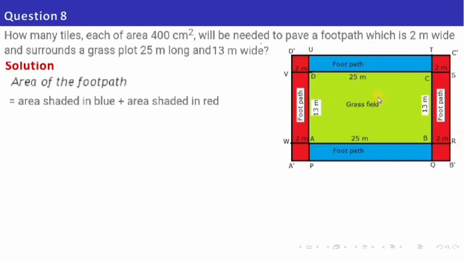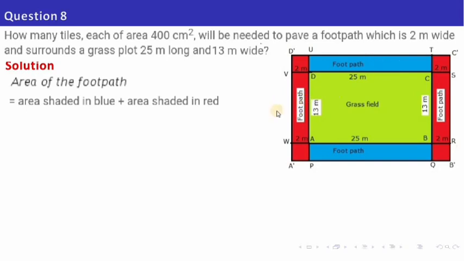If you see here carefully, this blue part is also a rectangle and this red part is also a rectangle. Now if you want to find the area of this blue rectangle, we need length and breadth. Length is 25 meter and this breadth is given to be 2 meter because this is the width of the path, isn't it?